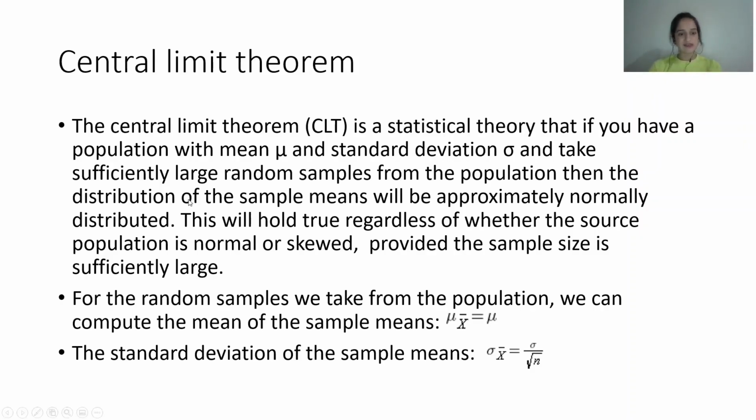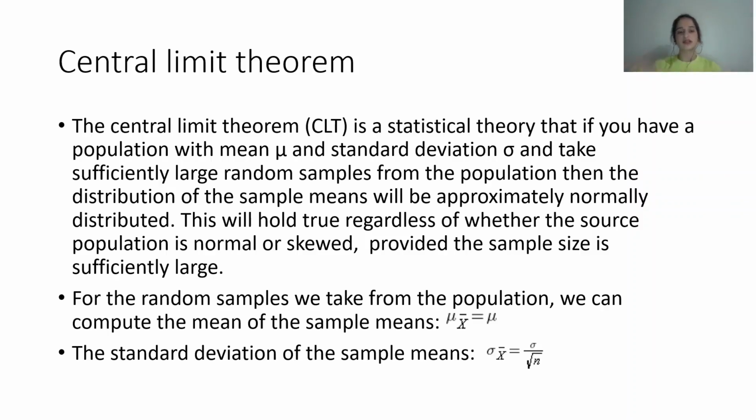The second line says this holds true if our population is normal or skewed, provided the sample size is sufficiently large. For the random samples we take from the population, we can compute the mean of the sample mean as mu itself, and the standard deviation of the sample mean will be sigma by square root of n.